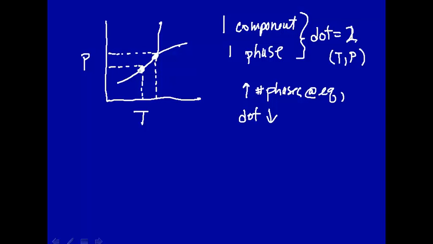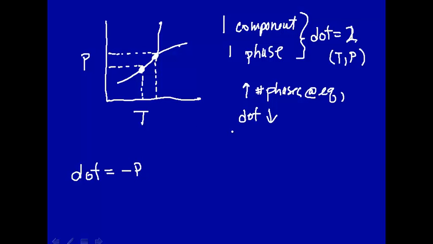If you make 2 phases, the degrees of freedom will decrease by 1. Let's sort of keep a running tab here. So degrees of freedom will equal, let's see, it'll be the minus the number of phases, because each time we add a phase, we decrease the degrees of freedom by 1.